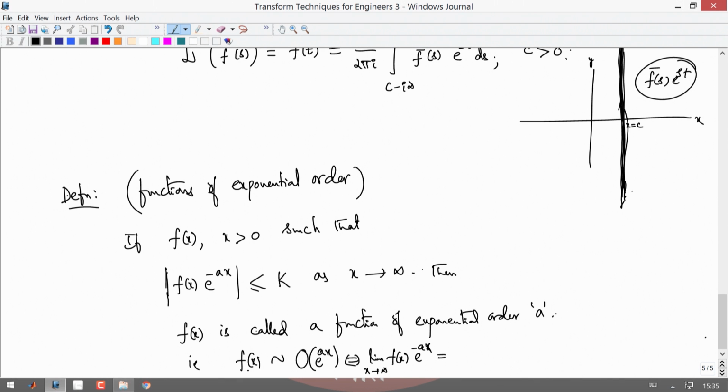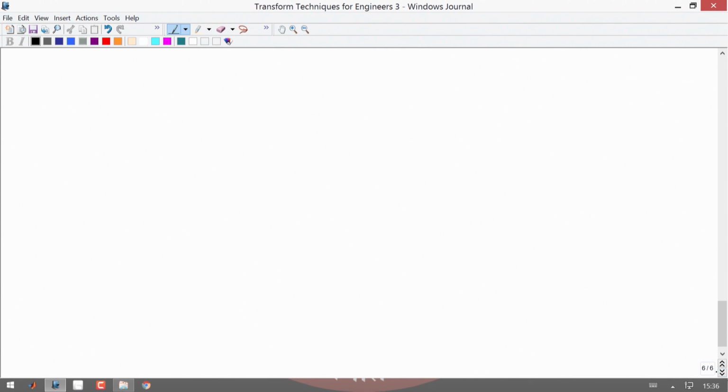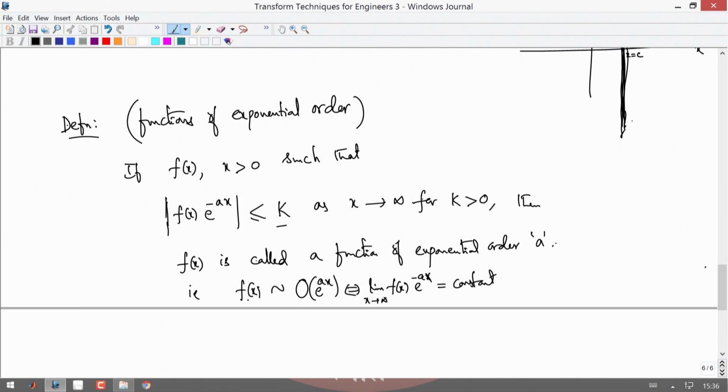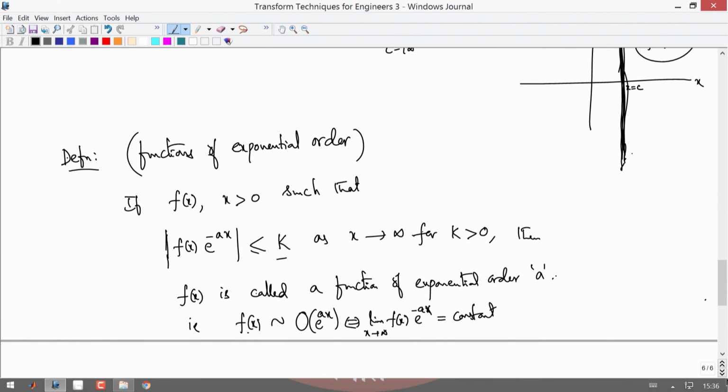This is because of the big O; there is a constant that we call k, such that for a positive k, this is called a function of exponential order. That means f x behaves like big O of e power ax. Okay. So, if your function is of exponential order a, then this is true.